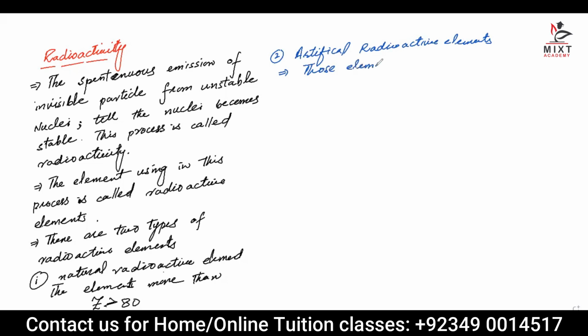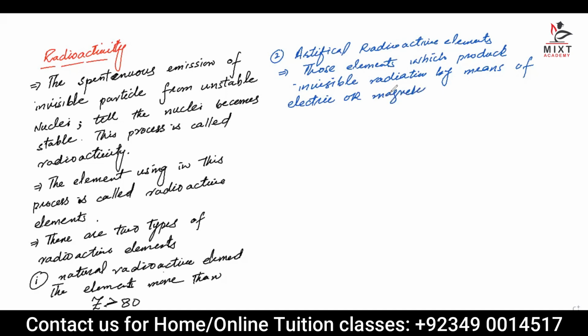Those elements which produce invisible radiation by means of electric or magnetic fields are called artificial radioactive elements, and their charge number is less than 80.